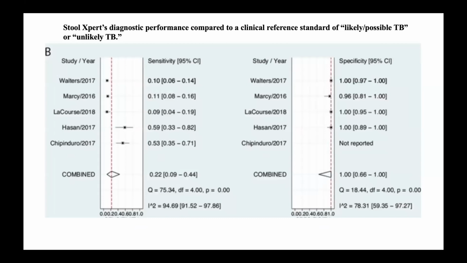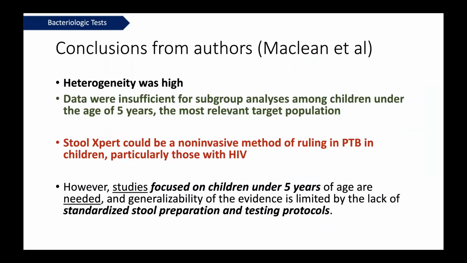And again, when you're pooling studies, they've been done maybe differently. That's what they mean by heterogeneity. There are a number of differences. And sometimes in the analysis, the groups under 5 are not well represented, and this is the most relevant target population.